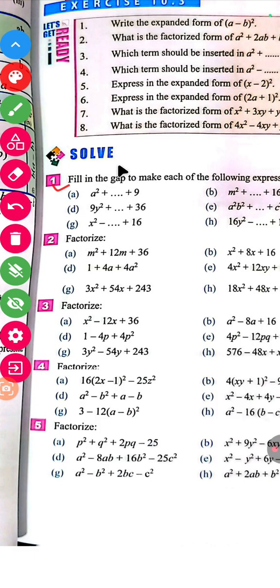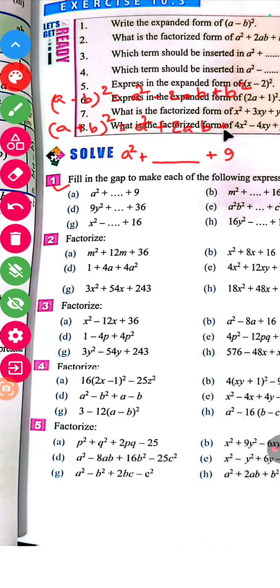It's very easy. The question over here is given as a square plus, in between there are gaps, we have to fill them with the terms that will make this whole expression into a perfect square, whether that is (a minus b) whole square, equal to a square minus 2ab plus b square, or the perfect square of a plus b, a square plus 2ab plus b square.